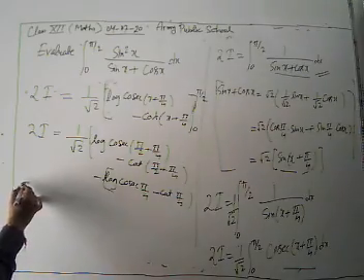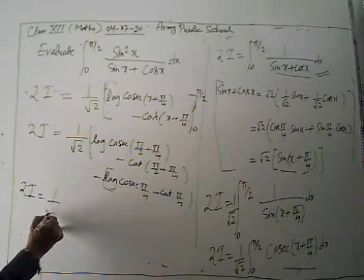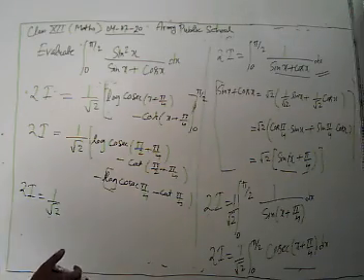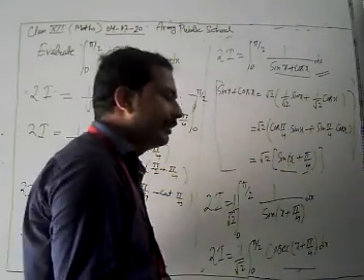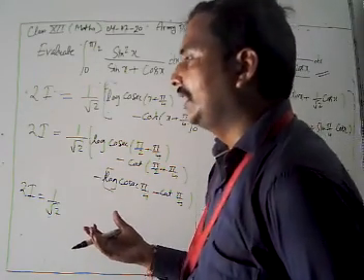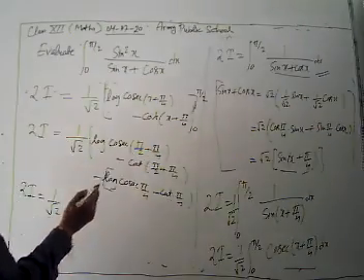Now look, what do we have? 2I is equal to 1 by root 2, cosec of (90 plus theta). What do we get? In the second quadrant cosec is positive, sine converts to cos, then cot, and cosec is in terms of sec.